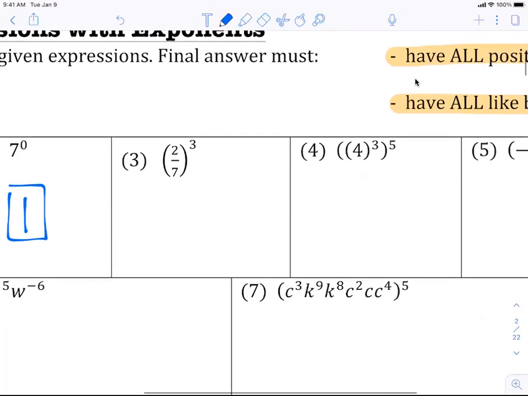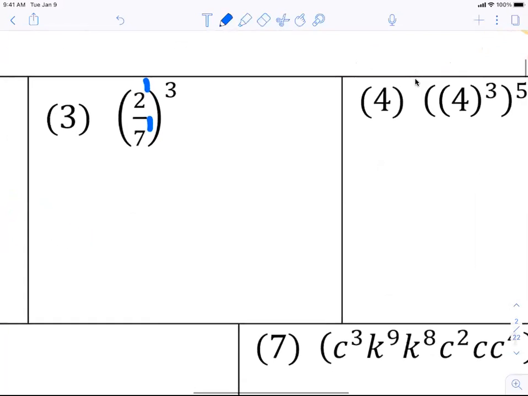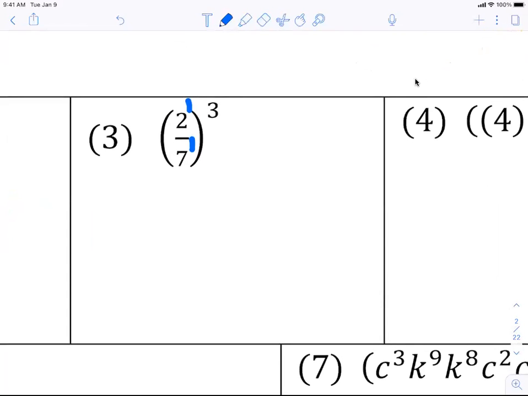Now, number 3 is a classic example of our power of a quotient rule. We have 2 numbers on the inside, both of which, it might help to notice, are technically being raised to the first power. So to simplify this, we multiply whatever power is on the outside to both of the powers on the inside. On the numerator, 3 times 1 ends up being 3.